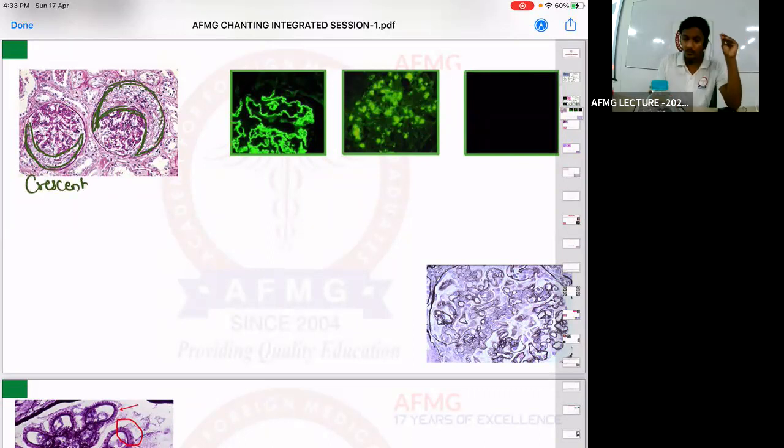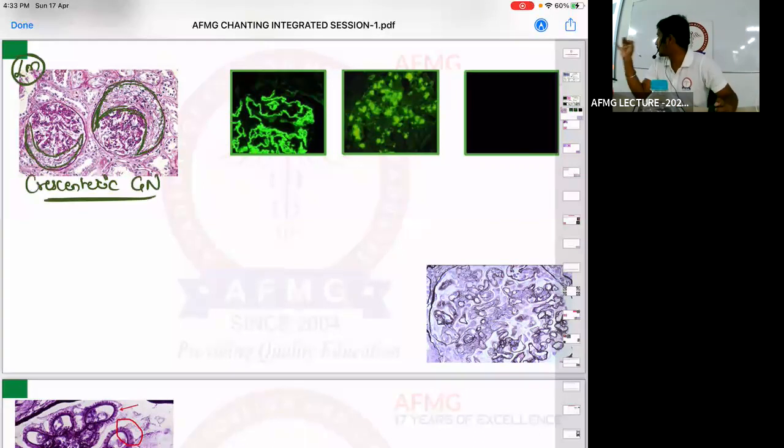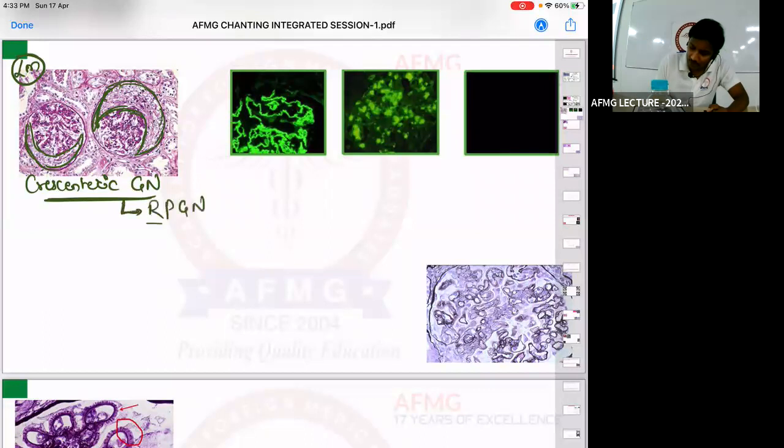It is suggestive of crescentic glomerulonephritis, which is found in RPGN, that is rapidly progressive glomerulonephritis. And RPGN has the worst prognosis.